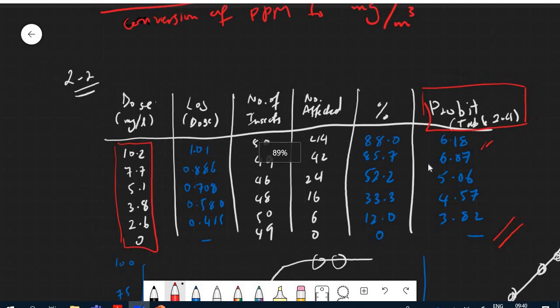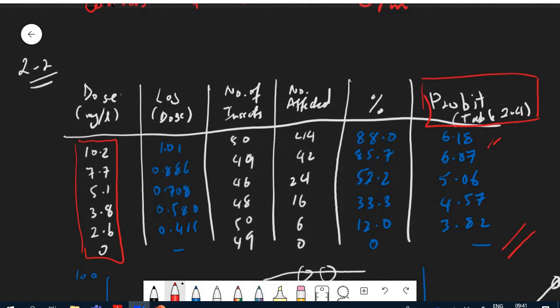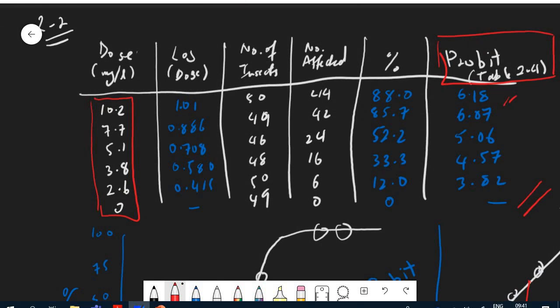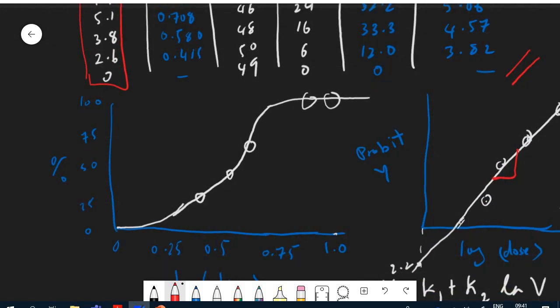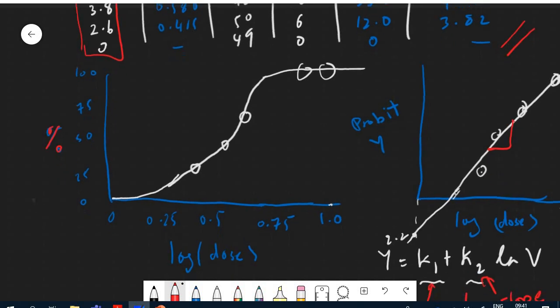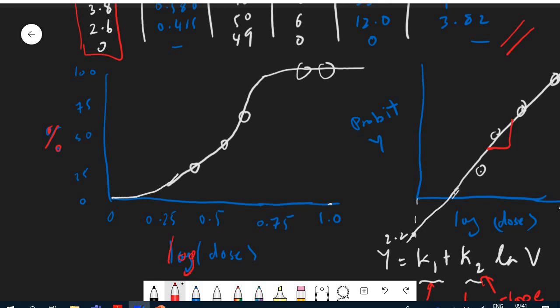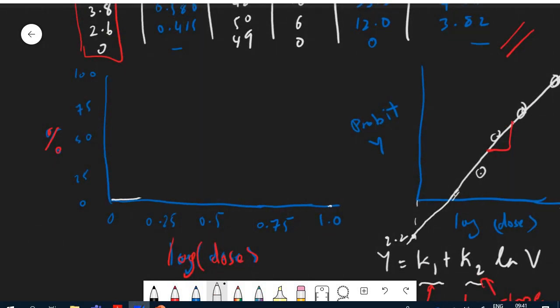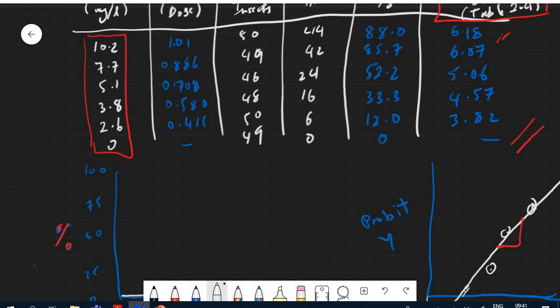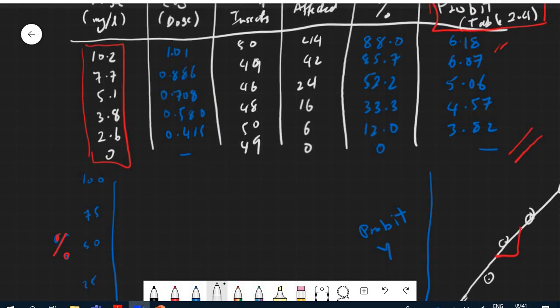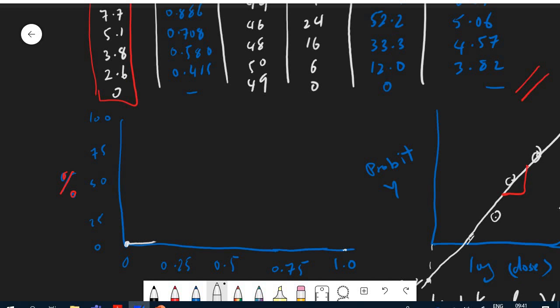And after that, he asked us to plot the percentage with the log dose, and you just plot the percentage here with the log dose, and you're going to get a figure that is to be here. So if you talk about the percentage, at 0 we have 0. So that's here.